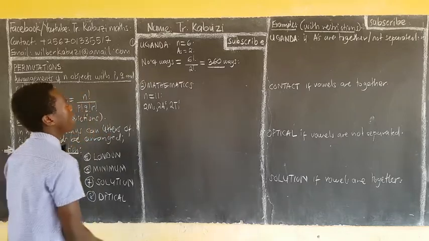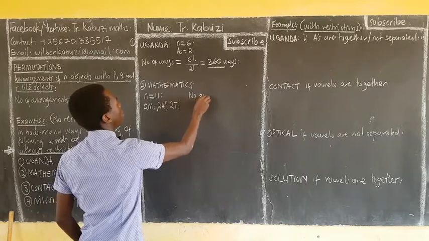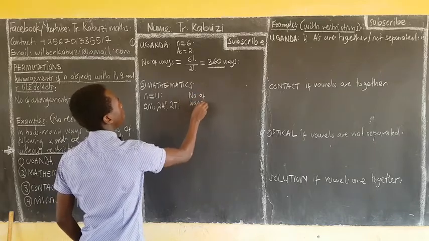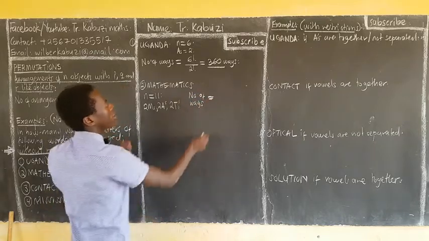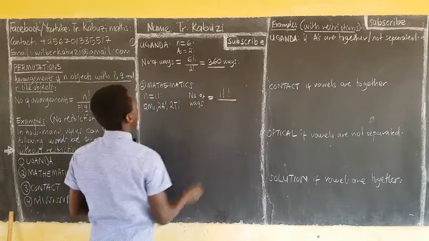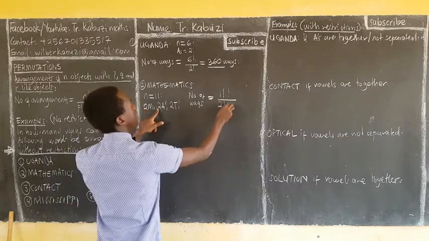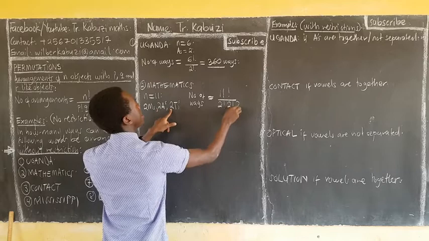So the number of ways here will be the total, 11 factorial, over those that are repeating. The M's are repeating 2 times, then the A's, then the T's.